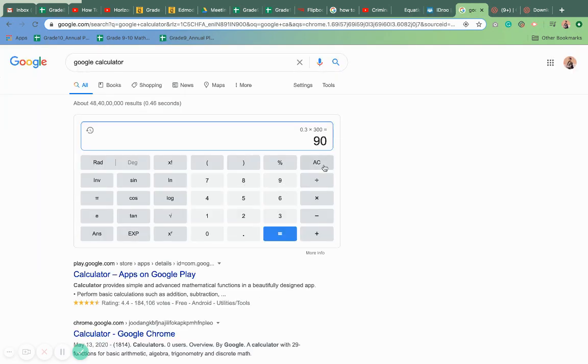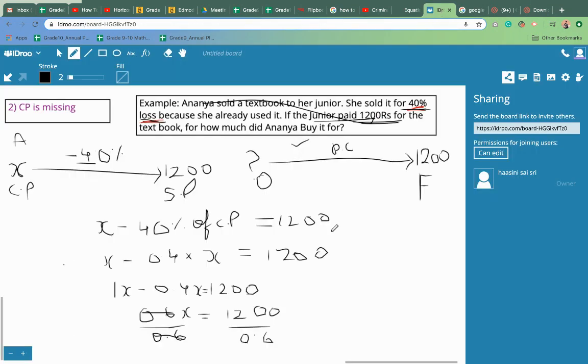So I'm using a calculator to do that. 1200 divided by 0.6 will give me 2000. So the answer will be equal to 2000. Now I got the value of x as 2000. So I know that Ananya bought her textbook for 2000 rupees.